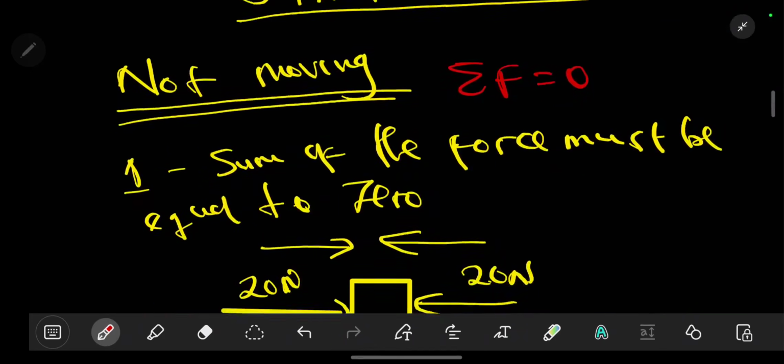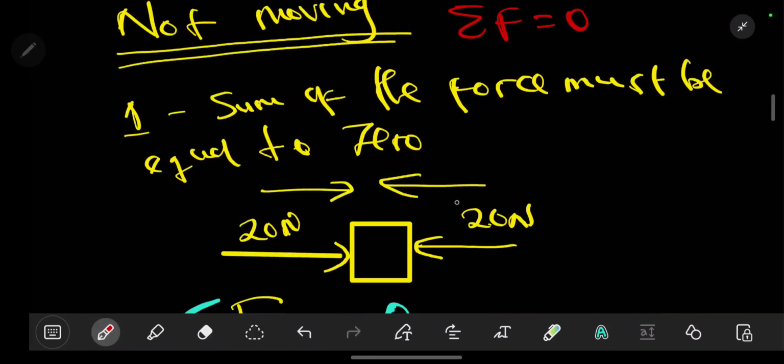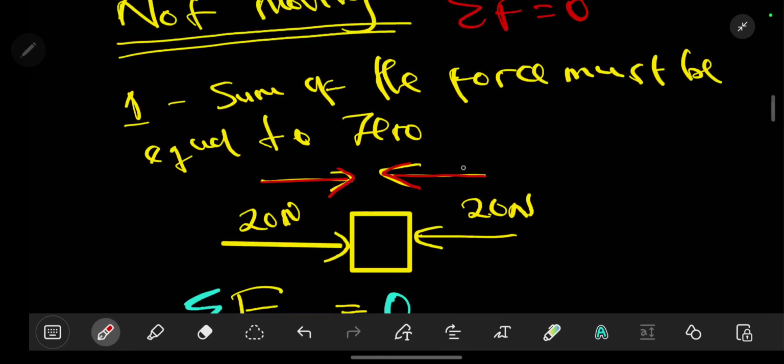What we simply mean is that if, let's say, we have two forces, one force applying 20 newtons in this direction, the other force 20 newtons in this direction, then since they are moving in opposite directions, one has to be negative.